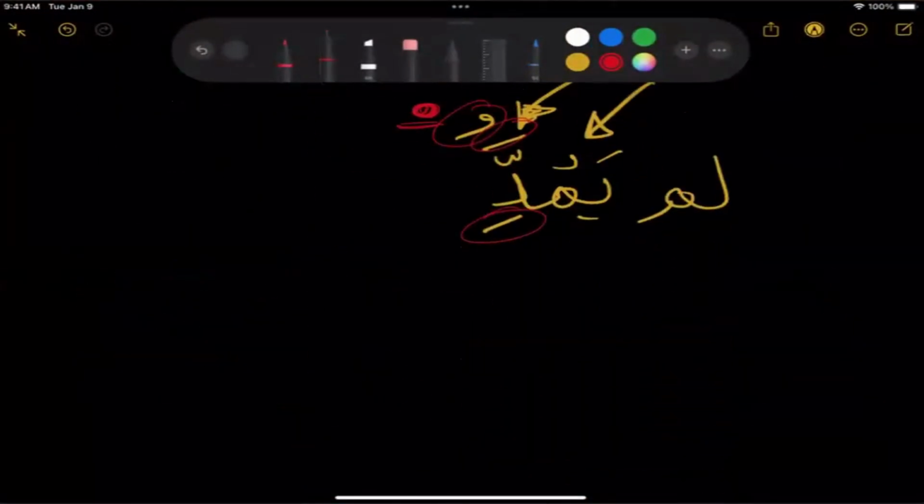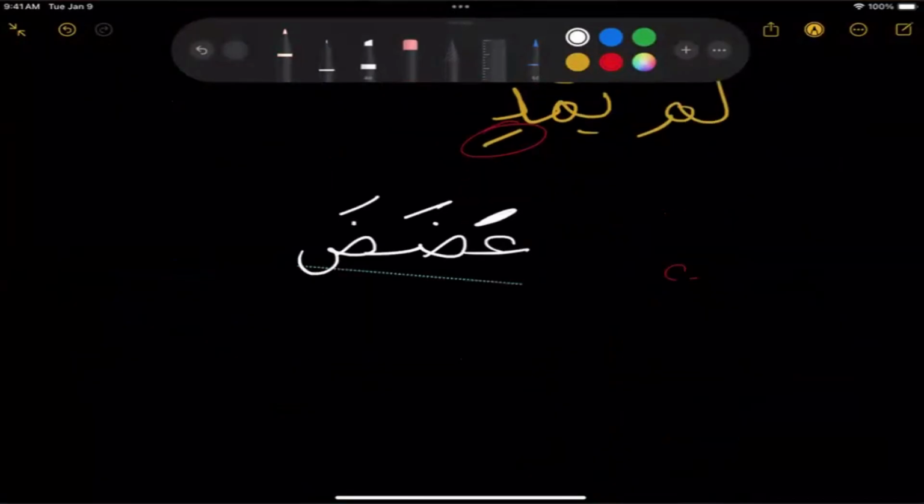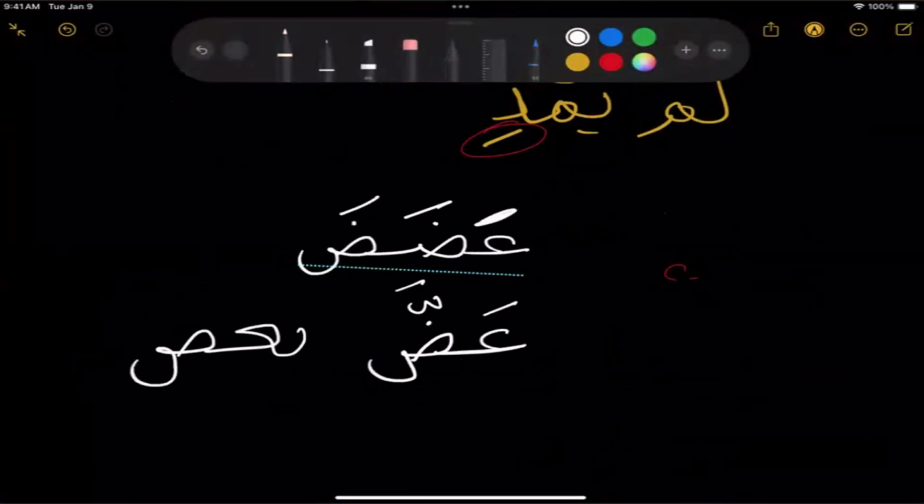Yes, so let's look real quickly. In origin, we have عضض. Then we have to merge the dad here, so it becomes عض. Okay, عض يعض. تمام.